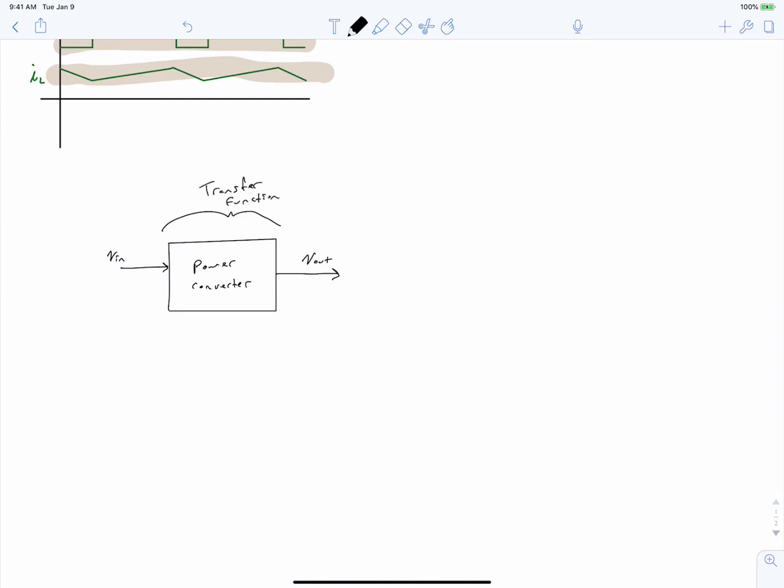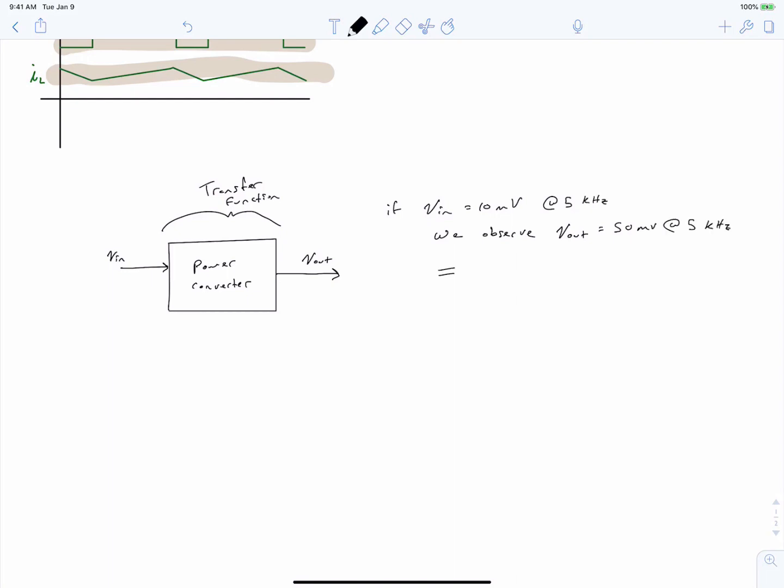So let's say that Vin is a small signal perturbation, and we're going to supply a Vin of 10 millivolts at a certain frequency, 5 kilohertz. Then we have some measurement equipment on here, and we observe an output voltage of 50 millivolts, also at 5 kilohertz.